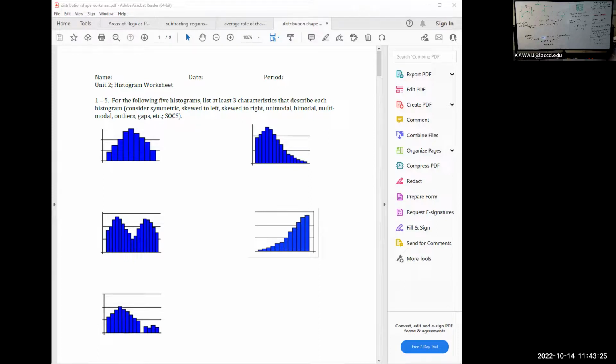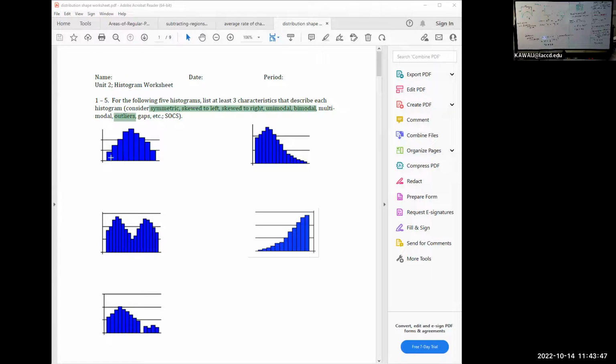Now, the words I would care about the most are symmetric, skewed left, unimodal, bimodal, outliers. I think those are the ones you want to care about the most. Okay.